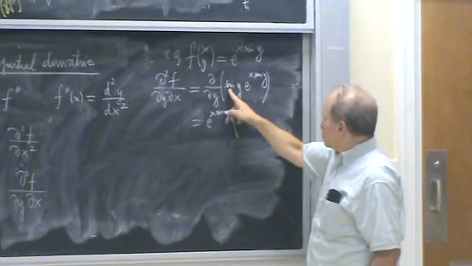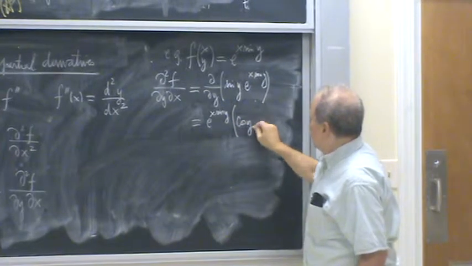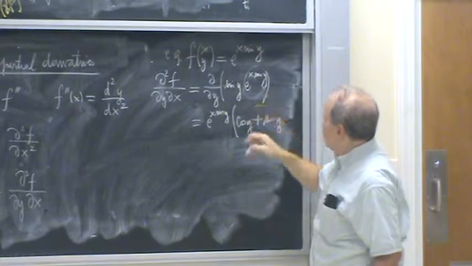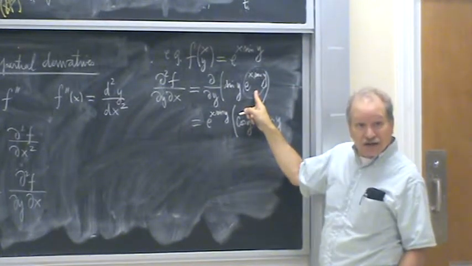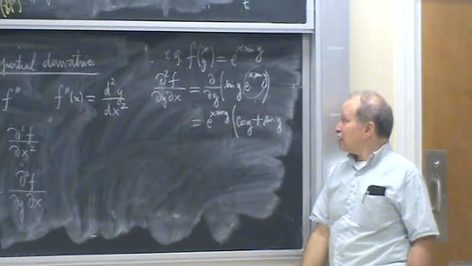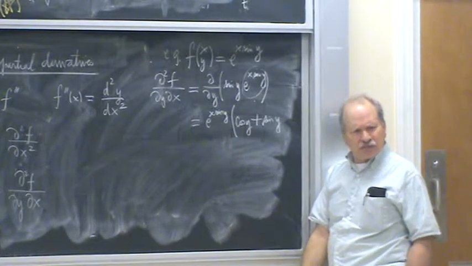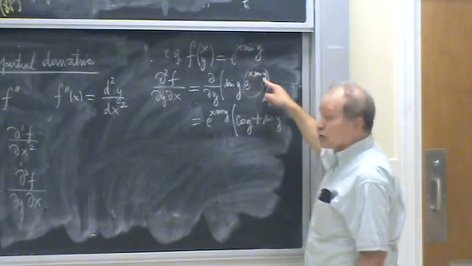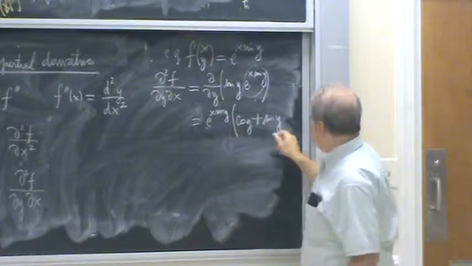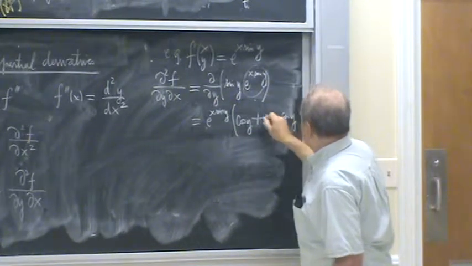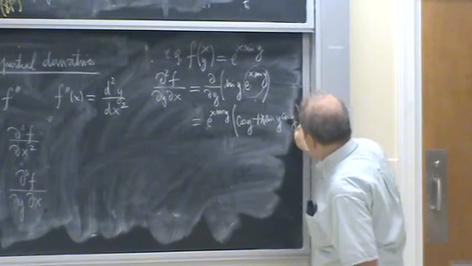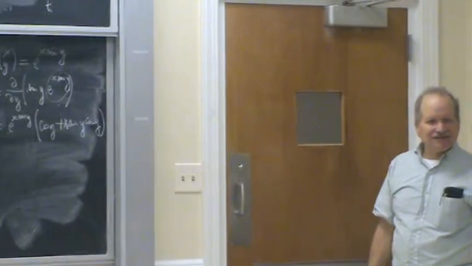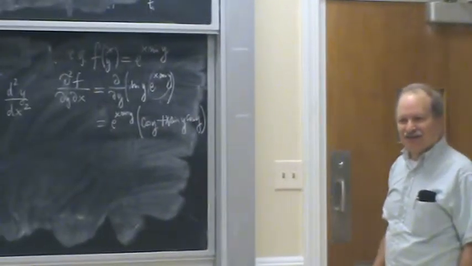It's going to have the derivative of this term times this, plus sine y times the partial of this with respect to y, which is x cosine y times that. So there's an x there. I'm stuck at the end of the board, sorry. Agreed? Sure. This is the easy stuff that we all screw up.